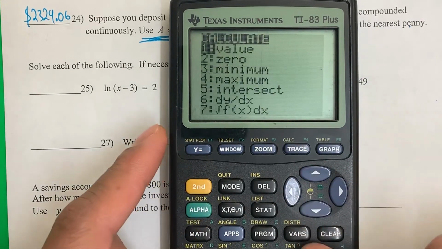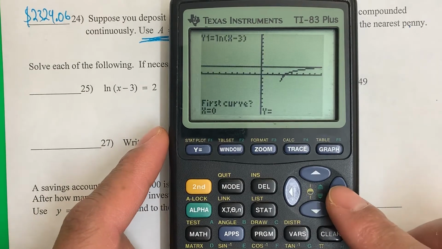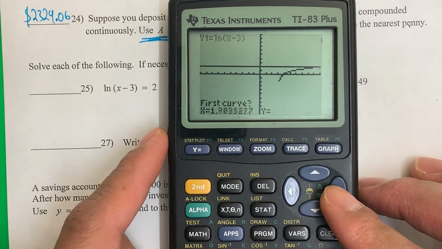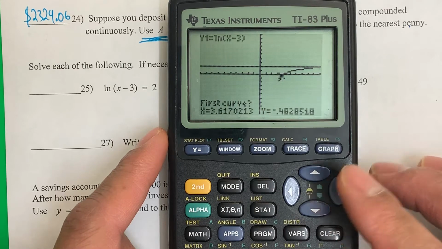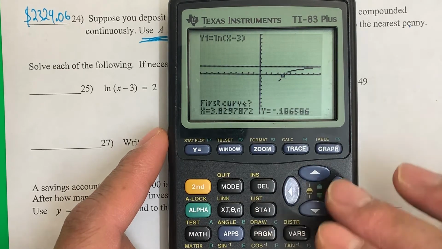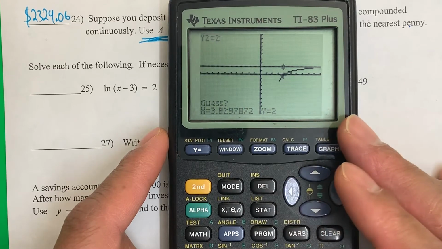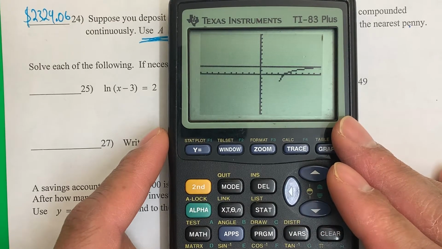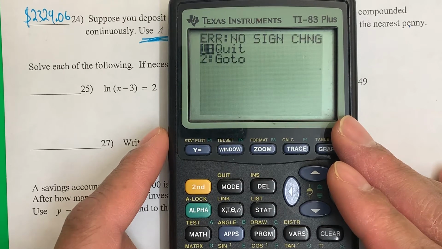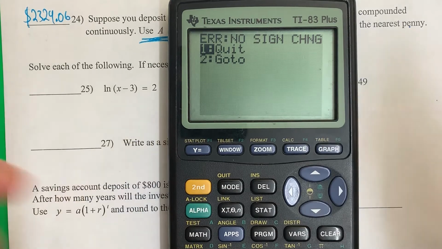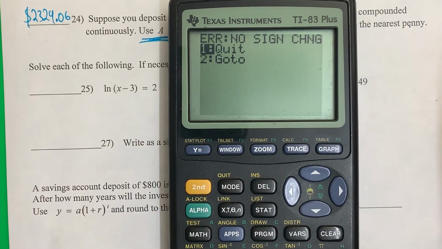So second calc, 5. Now same thing, we have to move that cursor over until I get into the domain. Once that cursor pops up and I start seeing y values, I know I'm good. Press enter again, press enter one more time, and right around 8 or so, I hope. Oh, okay, good. I'm glad this happened, actually, because it tells you no sign change. Does that mean no solution? Does that mean wrong answer?